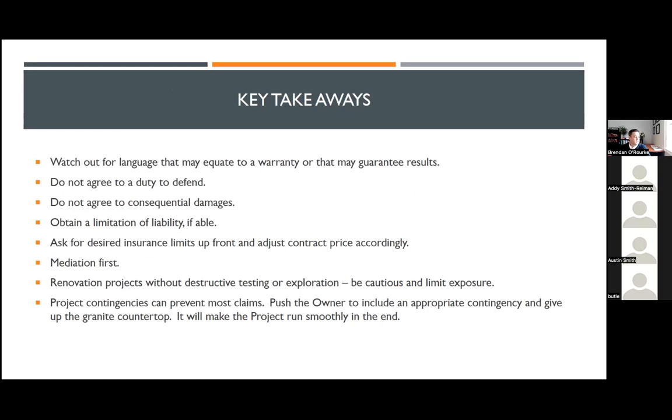Ask for insurance limits upfront and adjust your contract price accordingly. Mediation first. And for renovation projects without destructive testing or exploration, be cautious and limit your exposure. And project contingencies can prevent most claims, so push the owner to include an appropriate contingency and essentially give up the granite countertop. It'll make the project run more smoothly in the end.